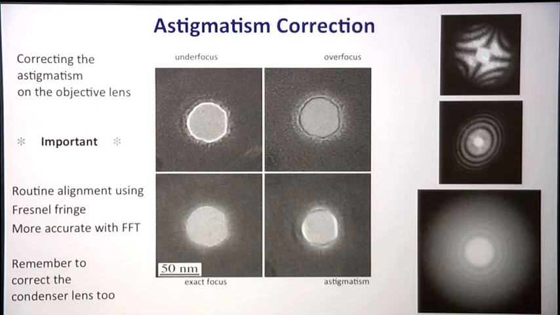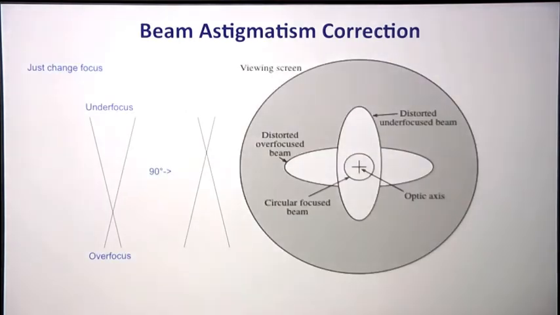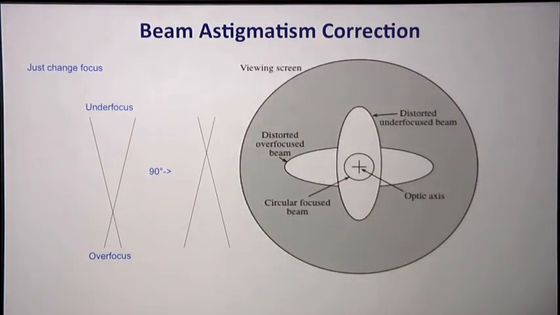You can look at the Fourier transform. So this is a very astigmatic Fourier transform of a carbon film like this. And as you get it closer to stigmation, this thing gets rounder and rounder, and when it's in perfect stigmation, it should be perfectly round in the Fourier transform. Right? And that goes back to the way those phases are shifted with respect to the axis.